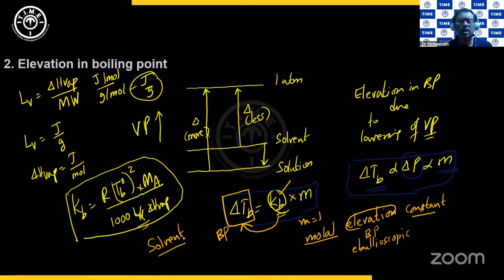Kb depends only on the solvent, and this is how it is related to the boiling point of the solvent, which is given as Tb naught. So Kb is R into Tb naught square divided by 1000 into delta H vaporization, enthalpy of vaporization, and the whole thing is multiplied with the molar mass of the solvent here. So you could also write the entire thing like this.